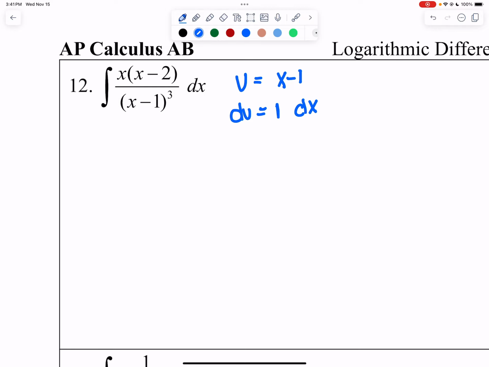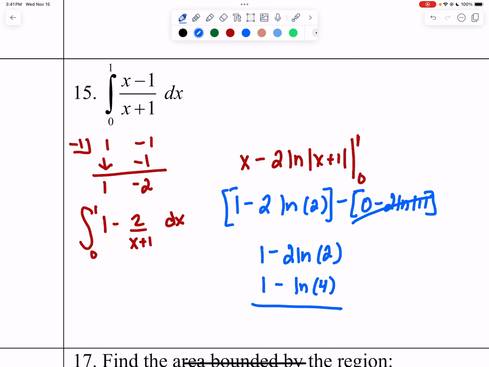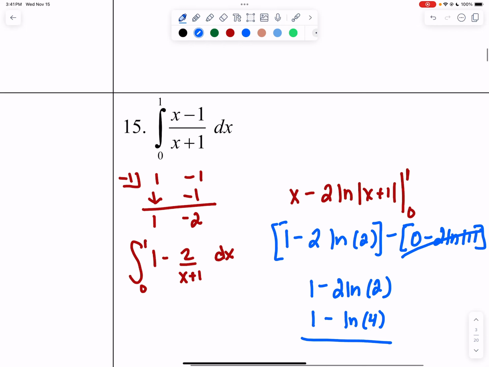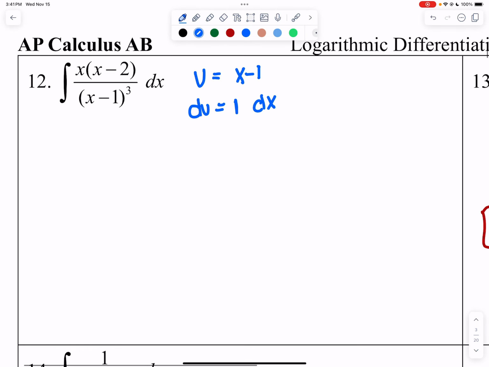This is very similar to number 15, which we'll also redo again in another video. Here, we're going to have the integral of x times x minus 2, and then u to the third power du.